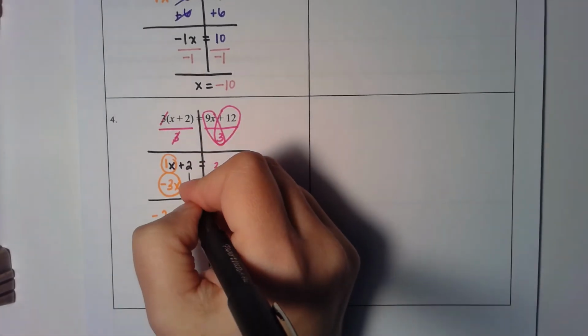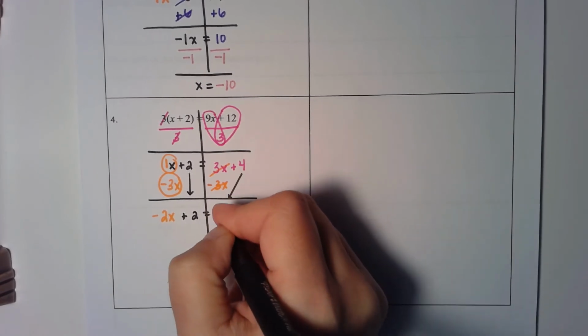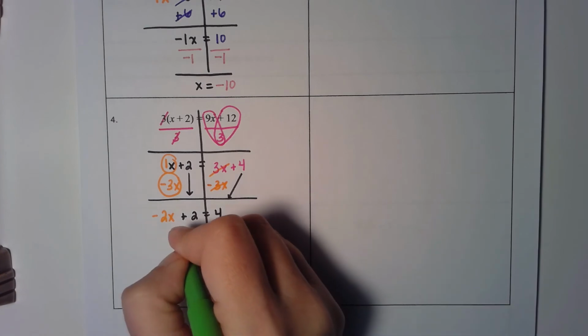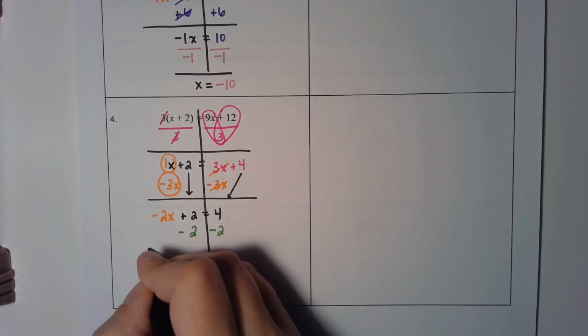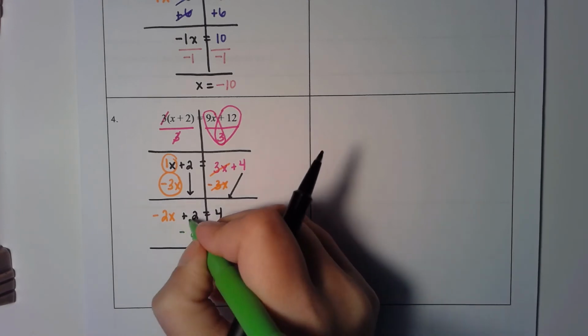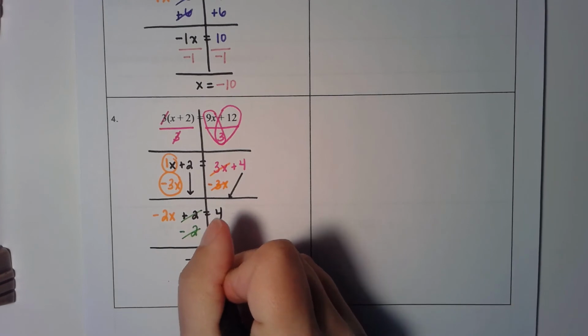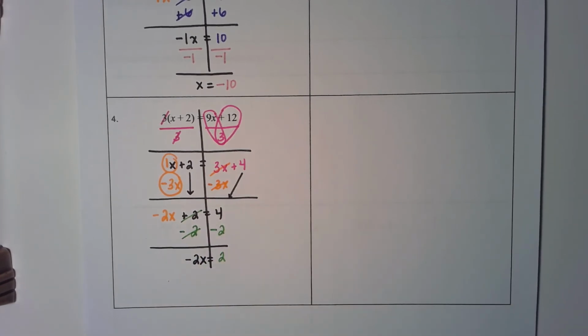So I'm just going to drop down the positive 2 and the positive 4. Now I'm just going to solve like normal. So I'm going to subtract 2 on both sides, which means that I get that the 2's cancel on the left. So I just have negative 2x, and 4 minus 2 gives me 2 on the right.